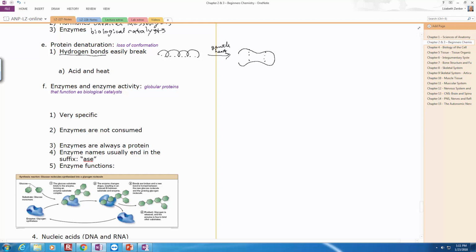And then I could wash my hair or heat it again or do something else. As long as I don't destroy that primary sequence, I didn't break that apart, then when you break these hydrogen bonds again, it'll go back to its natural conformation. So as long as you don't completely destroy it. That's all we're saying there.